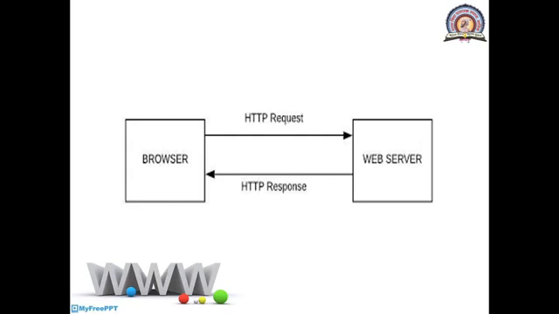That means we are using the Hypertext Transfer Protocol, and we are also specifying the name of that resource, and that is the URL. Every resource is accessed by HTTP by using this Uniform Resource Locator.